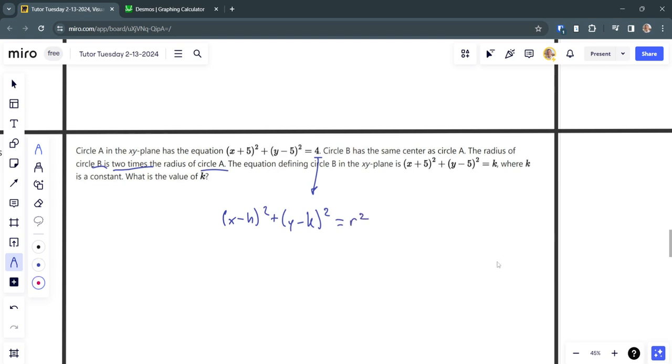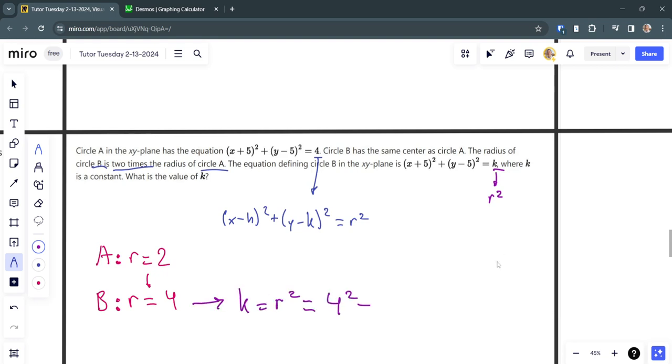So the radius of A is 2. For B, we want the radius to equal 4. Then, if we look at the equation, k is our r squared value. So then we have k equals r squared equals 4 squared, or k equals 16.